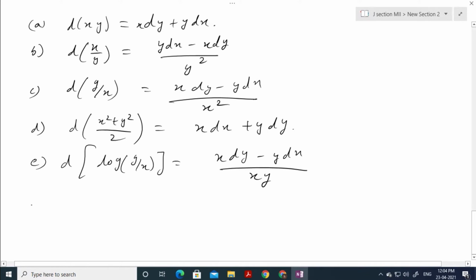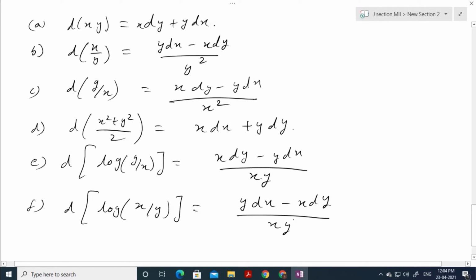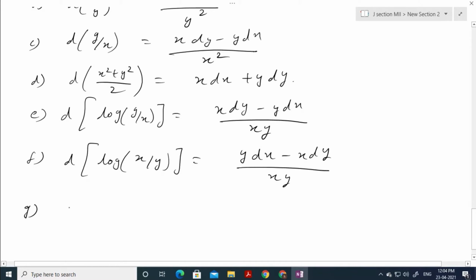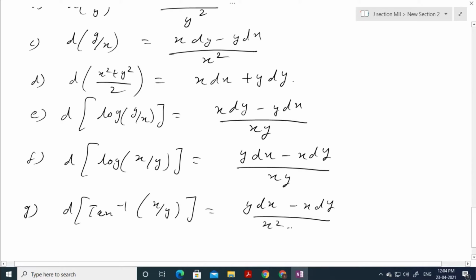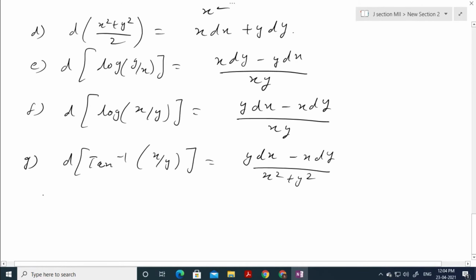Note down all this along with me, you will require these things. Log of x by y. All these things you have already done at +2 level. This is the formula I am writing here. They all seem to be the same, but they are different, as you can see.